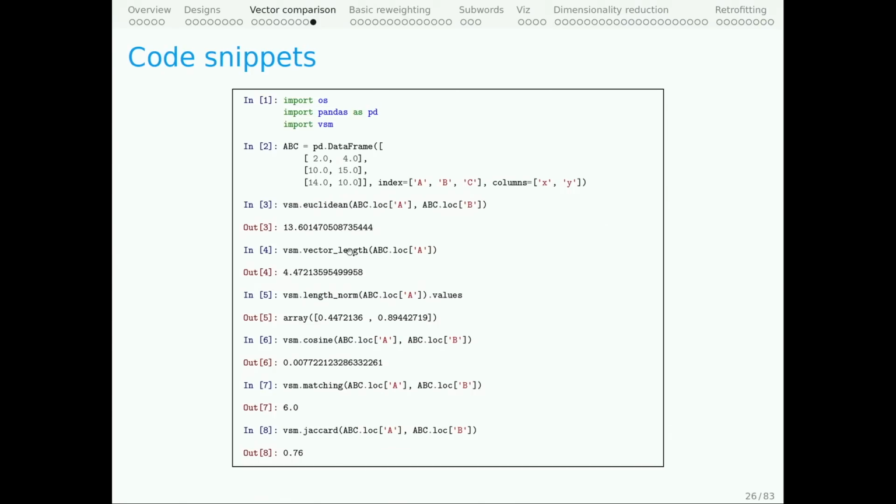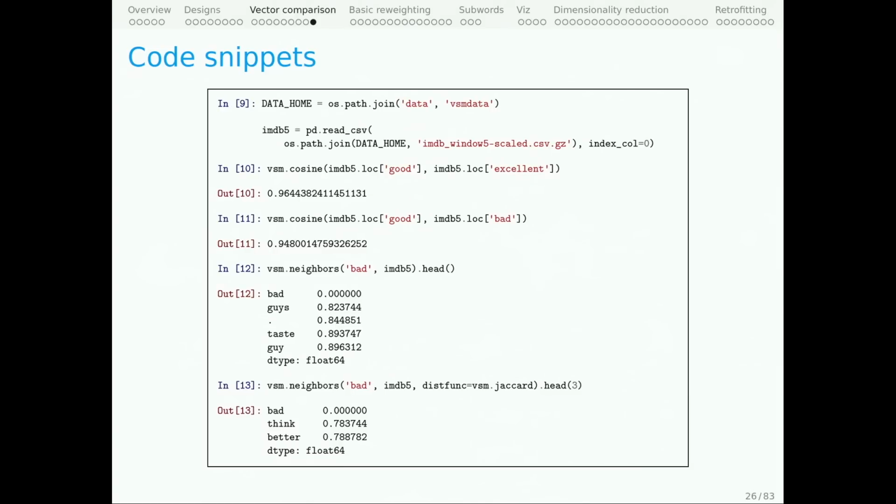You could also do vector length, length norm, cosine, matching, Jaccard. That might be all of the ones that I defined in there. And you could add your own if you want to. I didn't do KL because it's too fiddly, but if you're interested in KL, it's straightforward to implement.